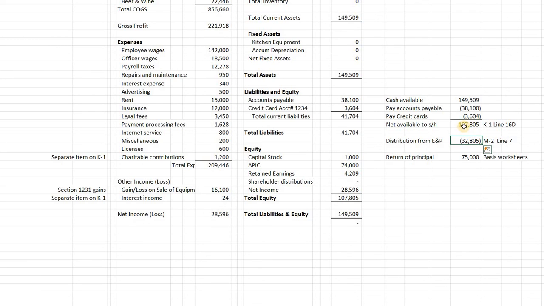If you take this 32 out of the 107, the excess is going to be $75,000, which is the return of principal. The amount of principal that they contributed in the prior year was $1,000 for the capital stock, and then APIC, additional paid-in capital, is $74,000.